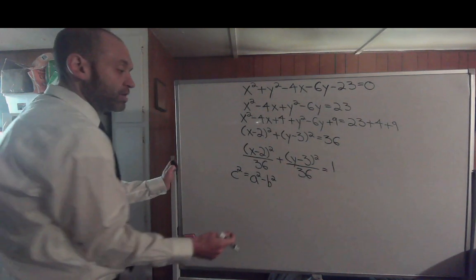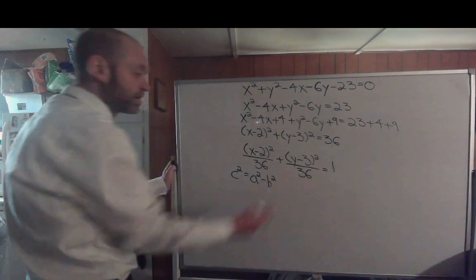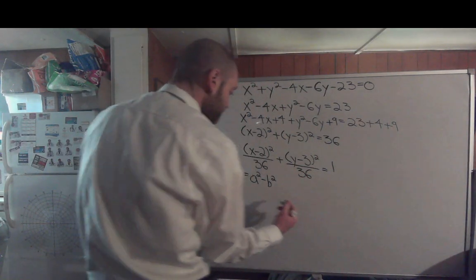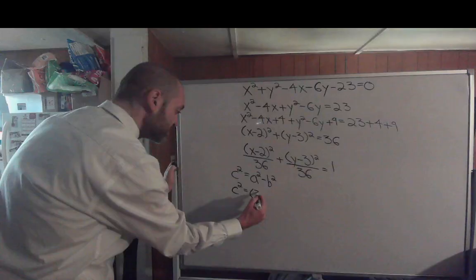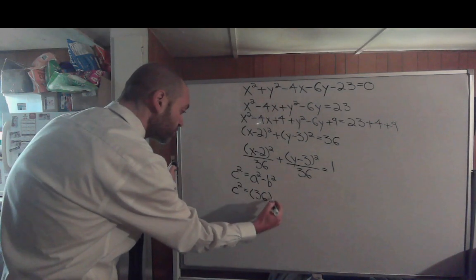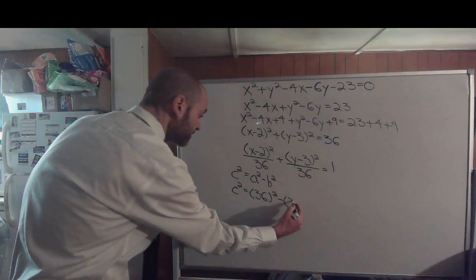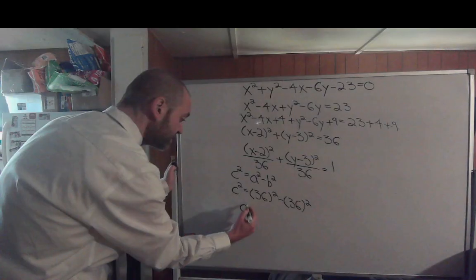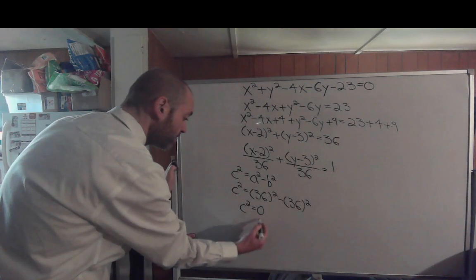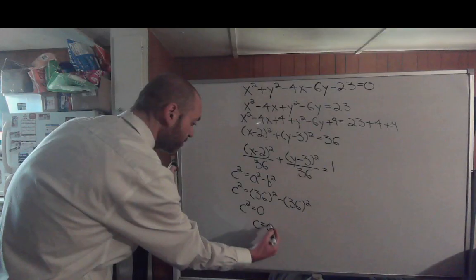Well, it doesn't matter which one we call a, which one we call b. Both of them are 36, right? So c squared would equal that 36 squared minus 36 squared, which means c squared equals 0, so then c equals 0.